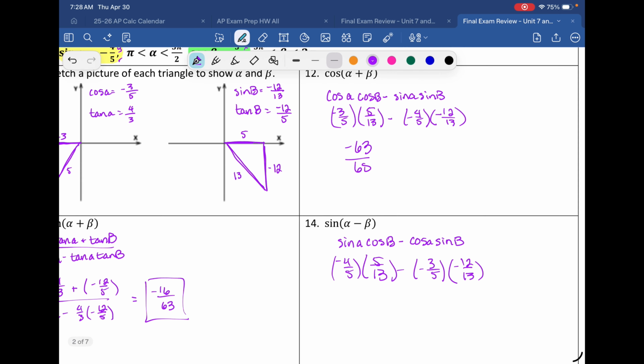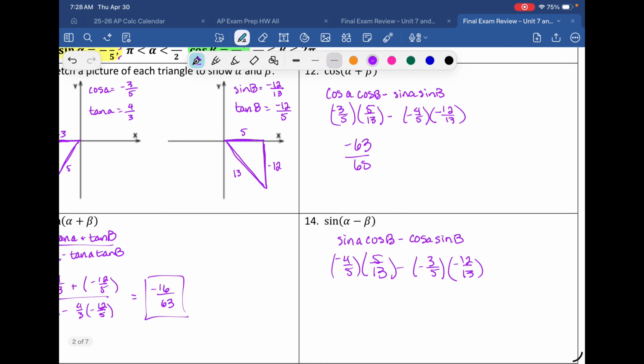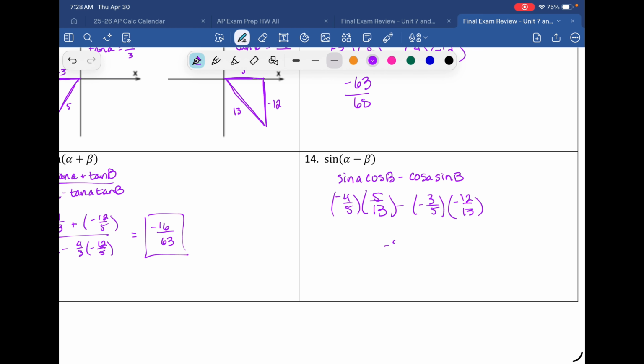And again, that's 100% calculator at this point. And you're going to get negative 56 over 65.